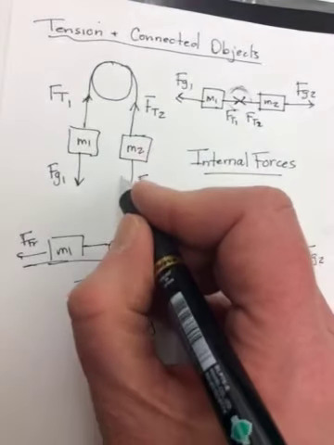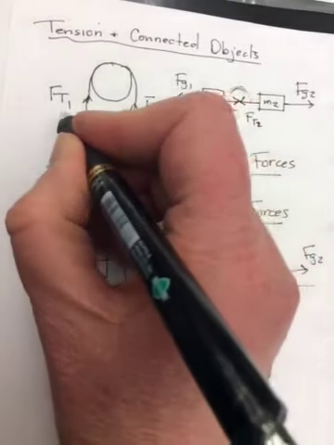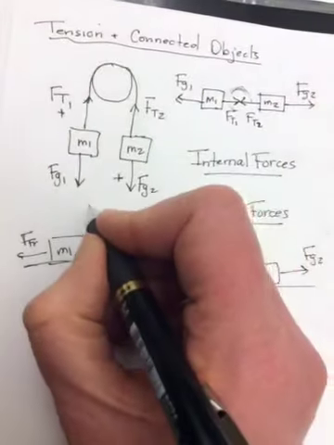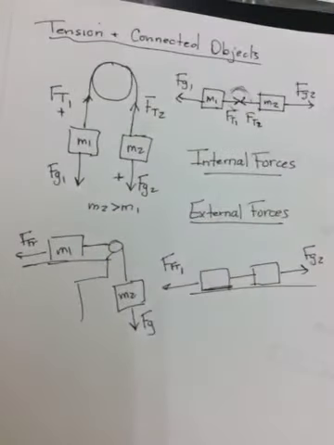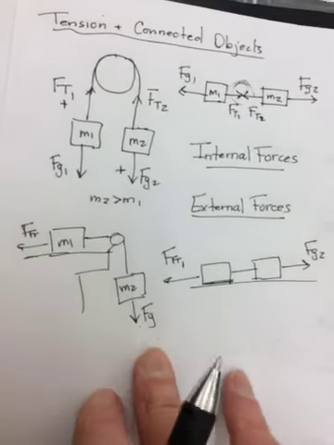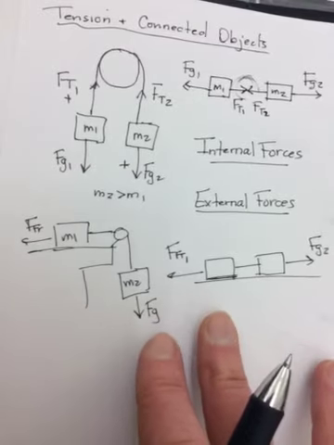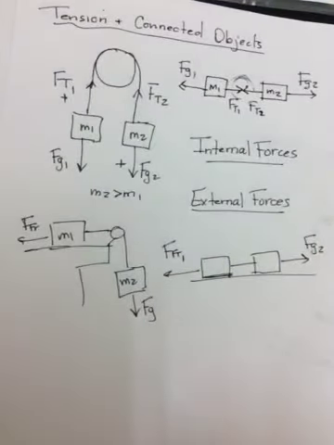So if M2 is bigger, M2 moving down would be positive, and M1 moving up would be positive. The opposite would be true if M1 was greater. So you've got to use the direction of motion as positive. And I do think if you think of them lying in a straight line, it'll make your life easier.